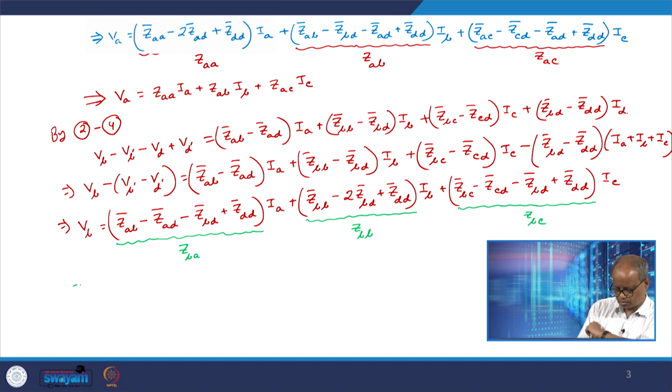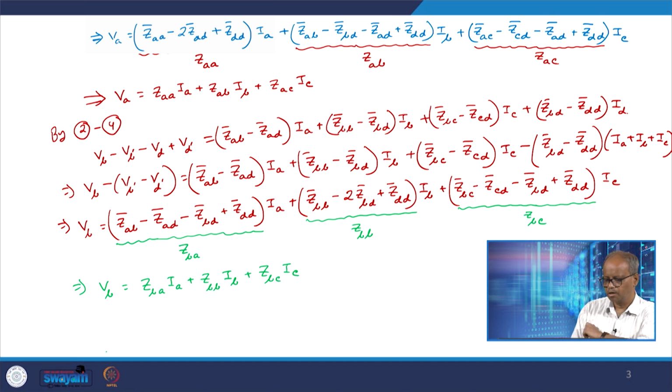So then therefore VB becomes now ZBA into IA plus ZBB into IB plus ZBC into IC. Now we have considered up to 4 equations, so that means it would be equation number 5, it would be equation number 6.